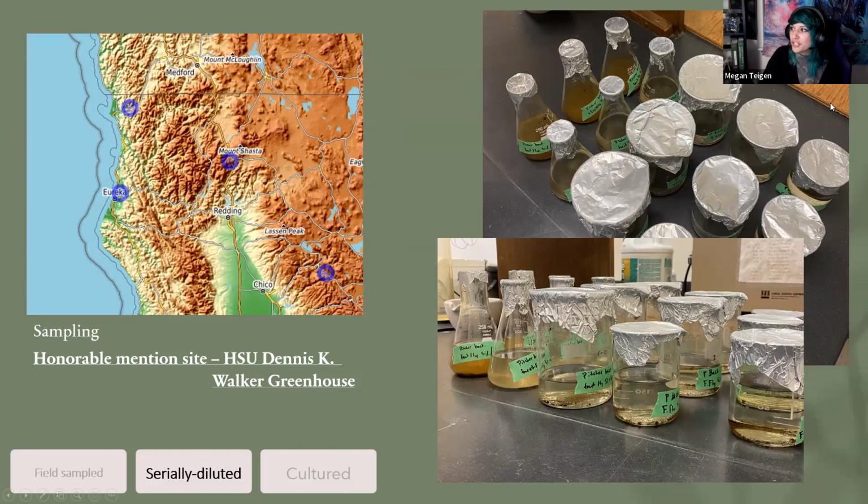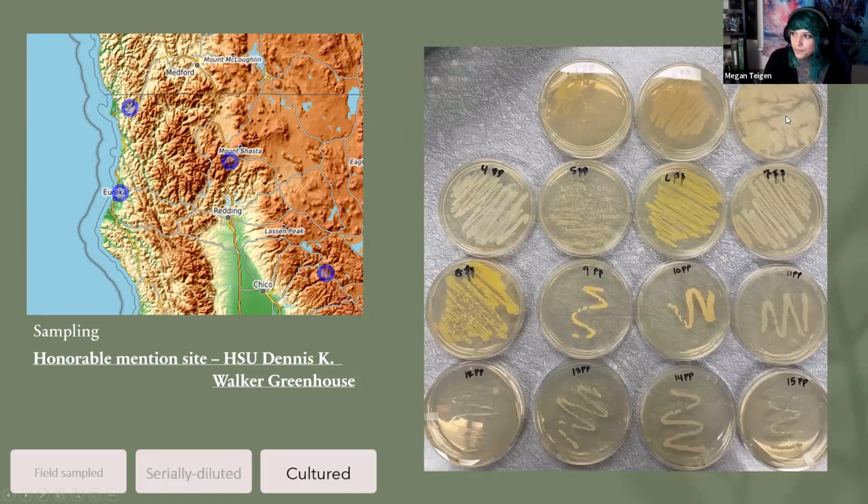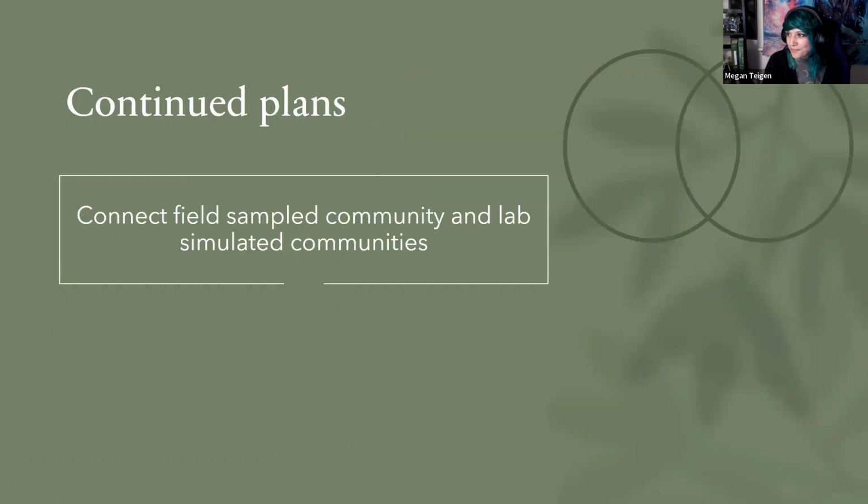But I won't really know for sure until I send those in for sampling. And then here are the cultured bacteria, the 15 that were previously cultured in Dr. Catalina's lab. These were all collected directly from Darlingtonia pitcher plants.